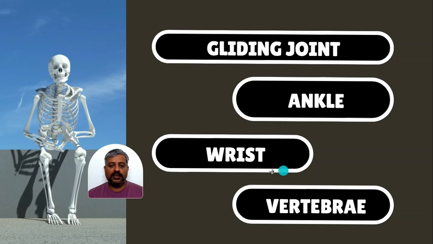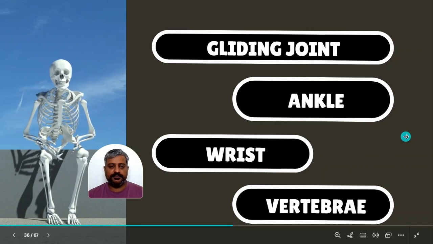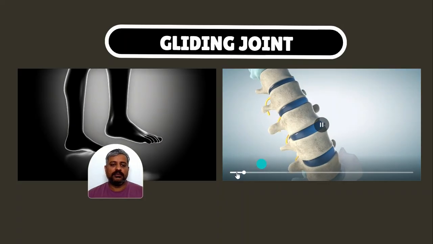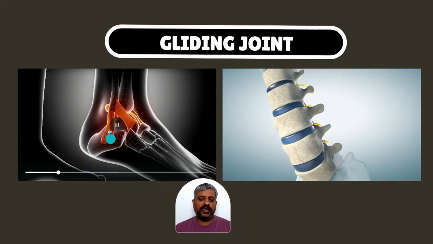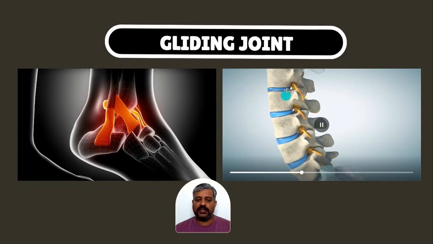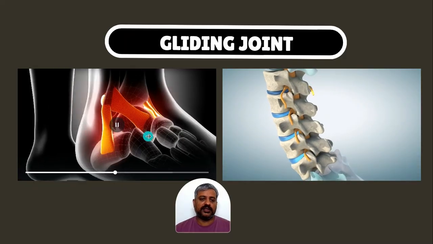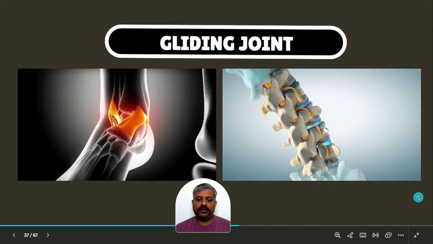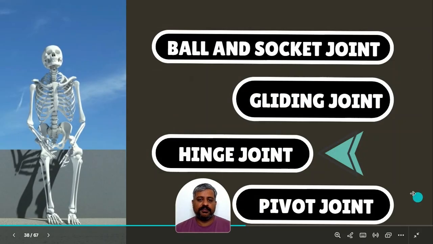Examples are ankle, wrist, and vertebrae. We have already seen this in this video, right? Even so, we may have a look. See, this is gliding and this is also bending. This is how the vertebrae look, and this is the ankle. Okay, let's move on to the next.